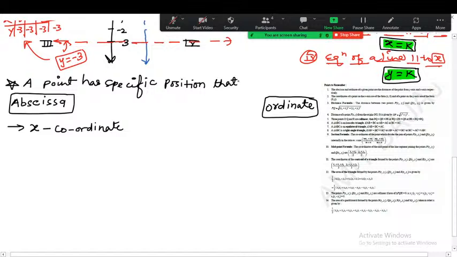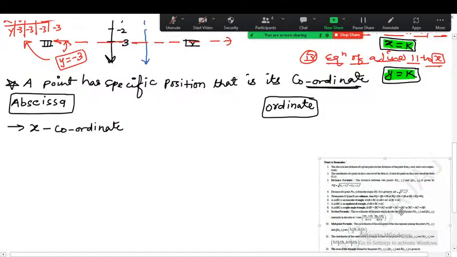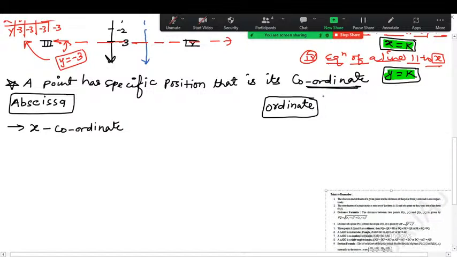The coordinate of a point consists of two things, and those two things are abscissa and ordinate. Got it? What are these abscissa and ordinate?